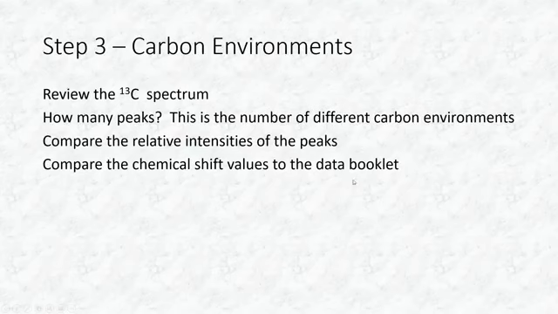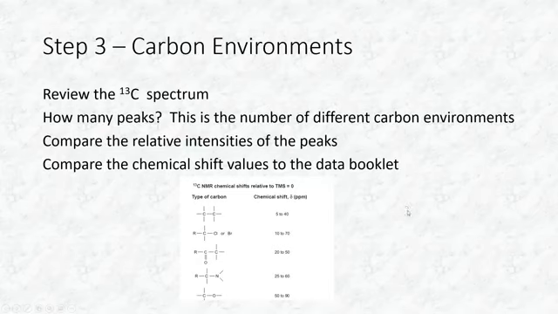This will give us information, firstly, about how many carbons there are in each of those environments, or at least the ratio of them. And the chemical shift values may give us some more information about what type of environment those carbons are in. So we would look at this table and we would potentially read off the chemical shift values and try to work out what type of carbon they pertain to.